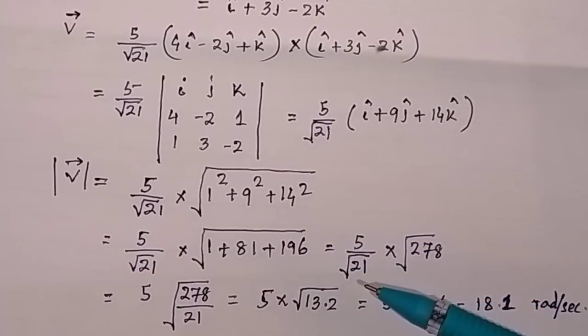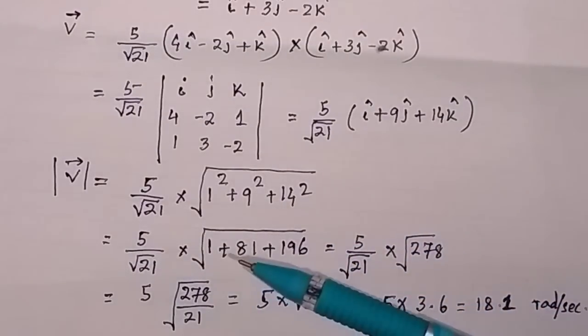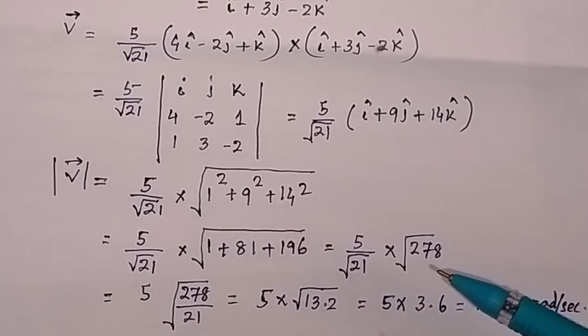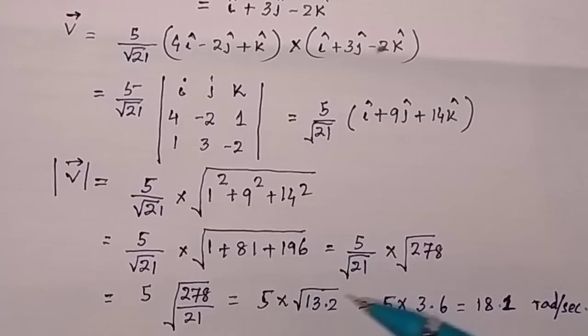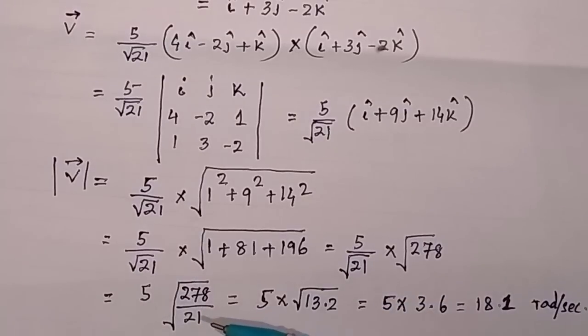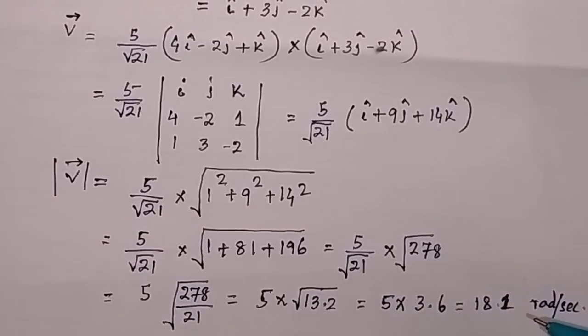If you add it, this will be equal to 278. So 5 into square root of 278 divided by 21. If you divide 278 by 21, that will be equal to 13.2. So 5 into square root of 13.2, which is 3.6. So the answer will be 18.1 radian per second.